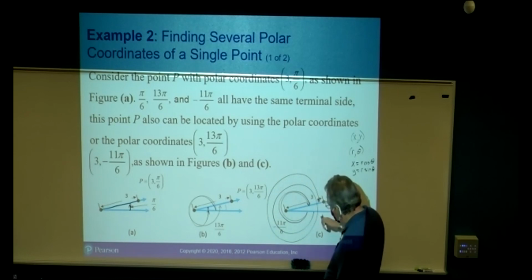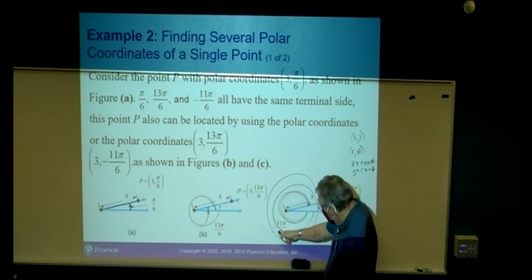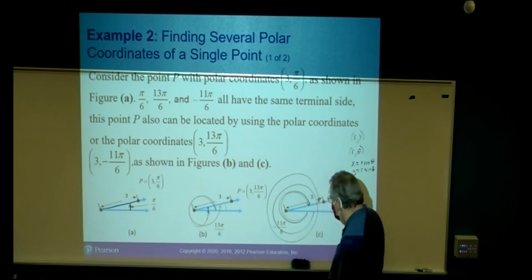So that would be adding 2 pi or a negative 2 pi to the negative 11 pi over 6. So we have several different ways of talking about this, and then there's even more ways.